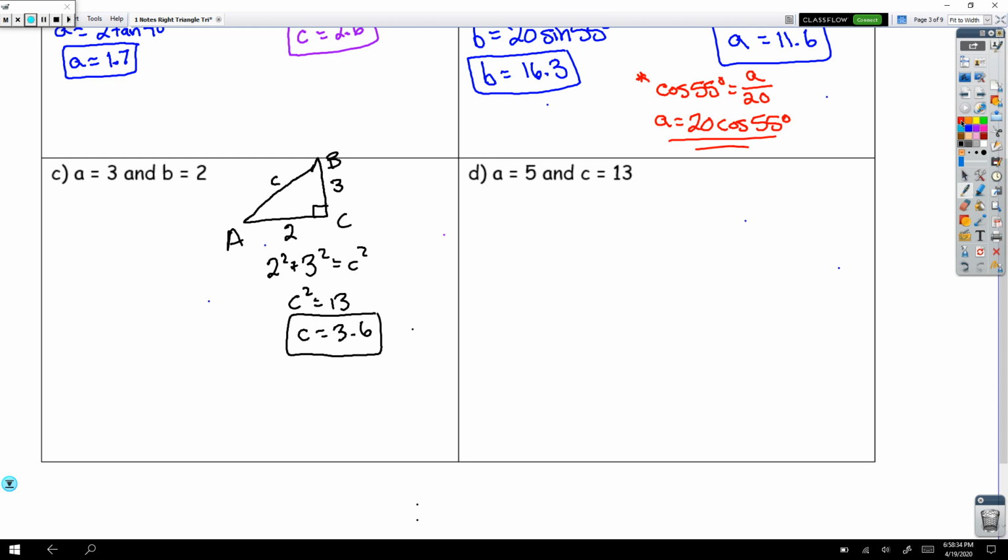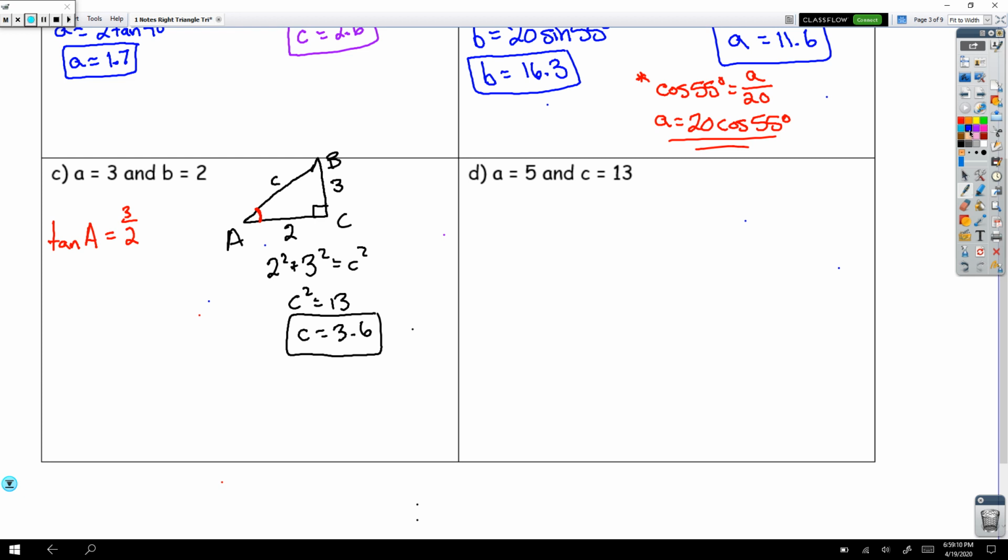Now let's start trying to figure out these angles. Let's start with angle A. I am going to make use of tangent since I have the 2 and the 3 there. So the tangent of angle A equals opposite over adjacent. Okay? Now think back to last unit. How would I figure out what that angle measure is?